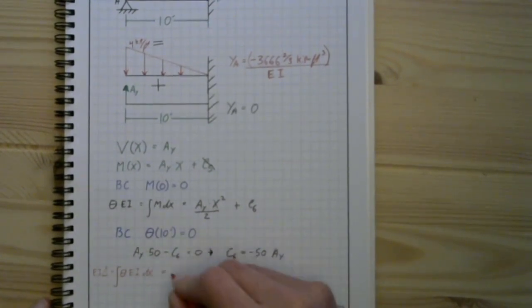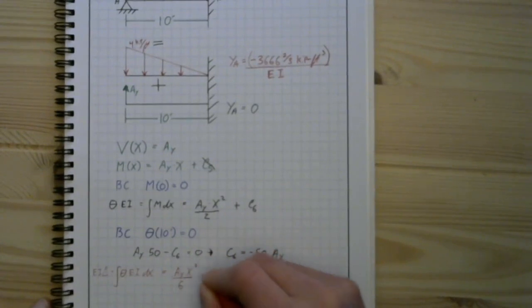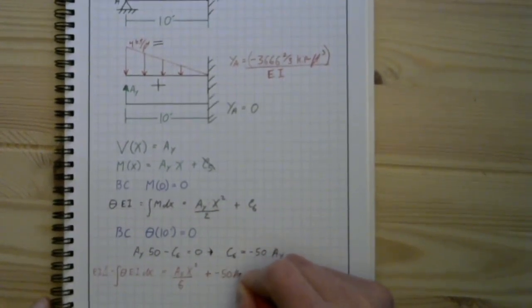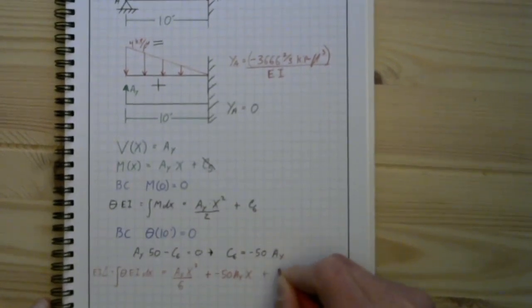We end up with AY X cubed over 6 plus minus 50 AY x plus some constant of integration C7.